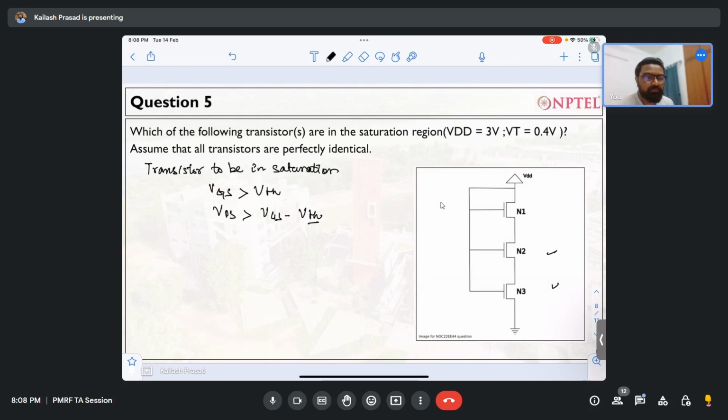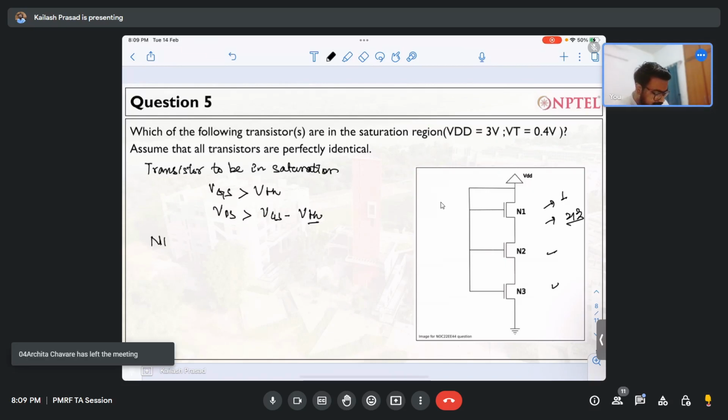Okay, so that's one will be saturation. I have one more answer which is only saying one, right? The second answer was 2 and 3. Any other variation? Let us see. Okay, let's start with N1.